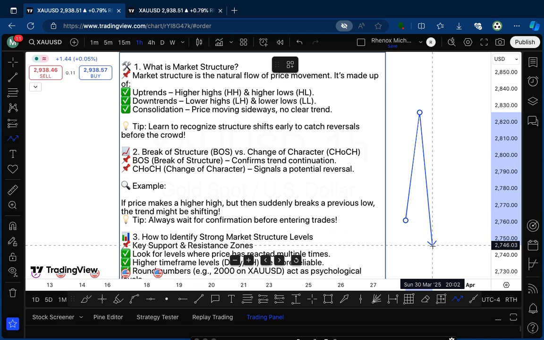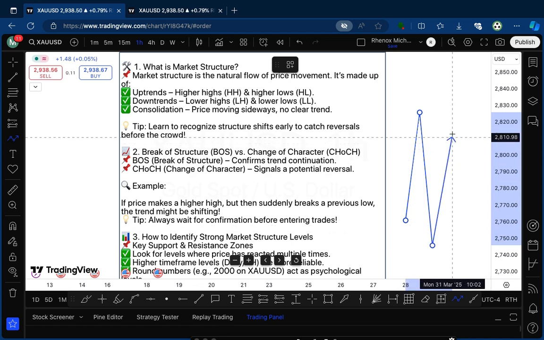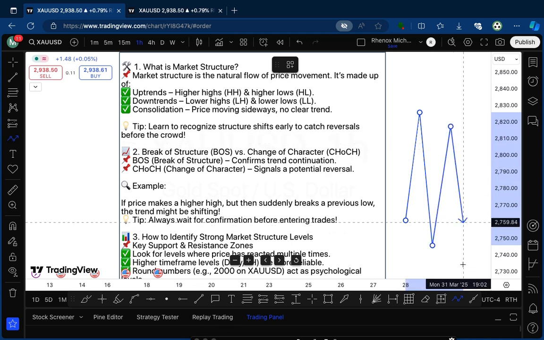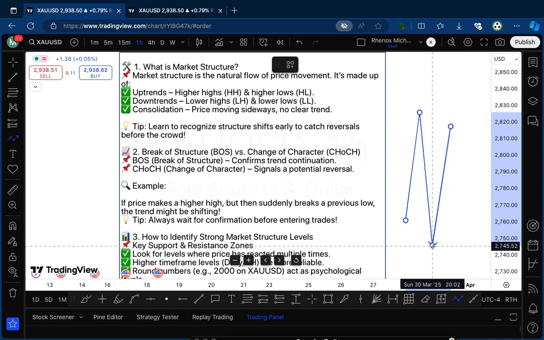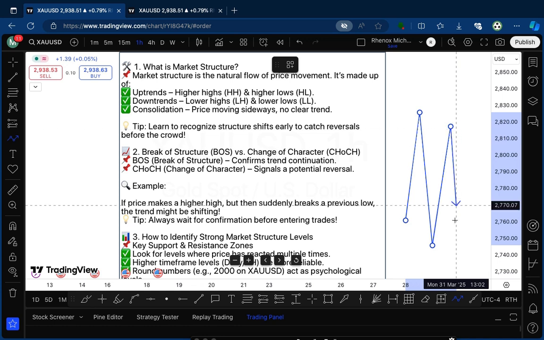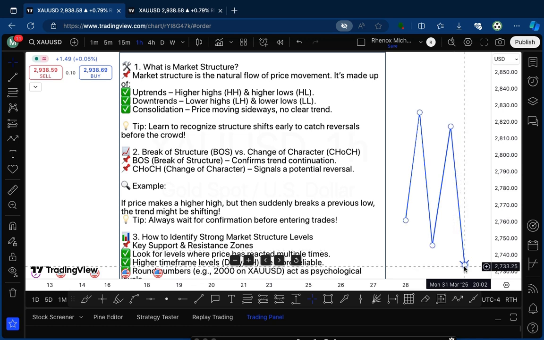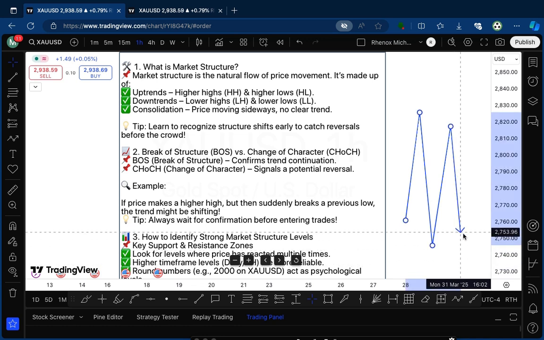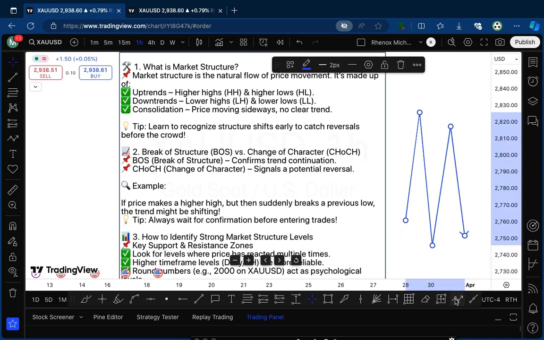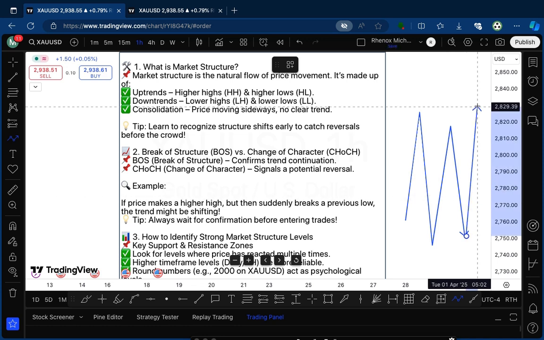That might mean that price has shifted to the downside, but it is still not a shift until price takes out the low that was created after the shift. If price takes out this low, that's a shift in structure. But if price doesn't and stops around this level before turning back to the upside again, that is just a change of character. Understand?